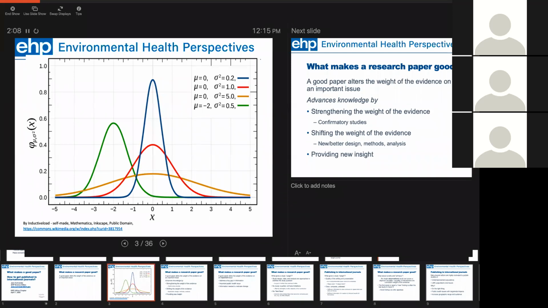So they may be finding the same thing, but they are making the evidence for it much stronger. Whereas the green curve, which is off to the left, is something that shifted the weight of the evidence. So we're looking for papers that can change the weight of the evidence, either shift it or add to it.